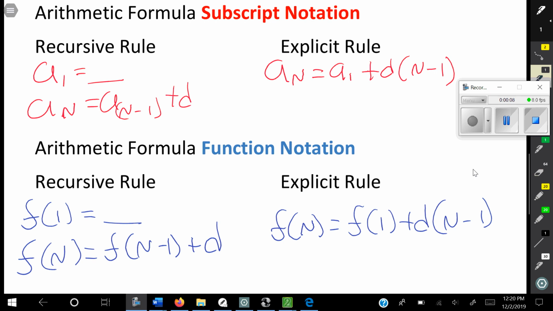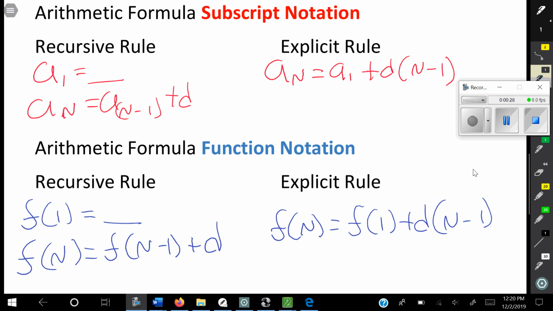And what I want to do first is go over some of the notations for writing an arithmetic sequence and some of the rules here. So in my previous videos, I talked about how you have the recursive rule and the explicit rule, and I didn't really talk about the name of the notation, but we use subscript notation, okay?